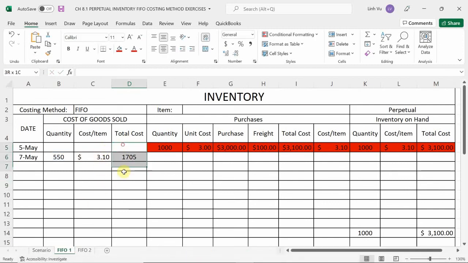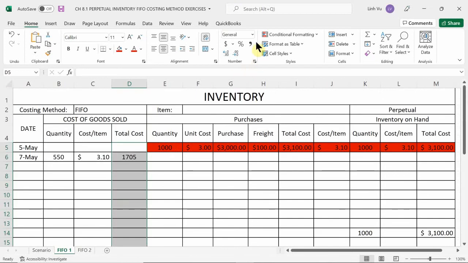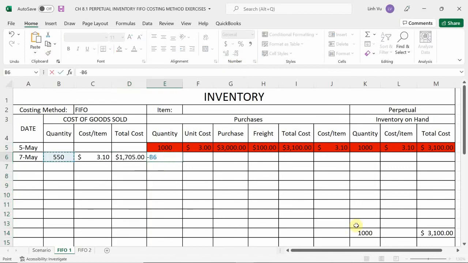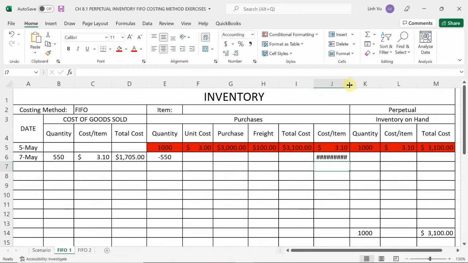1705, okay? And this is what I'm going to do to ensure that I am keeping track of my inventory. I'm actually going to subtract this out. So I'm going to subtract 550 and subtract out 1705.